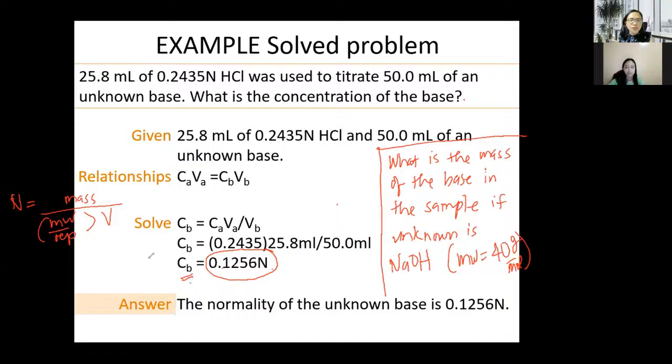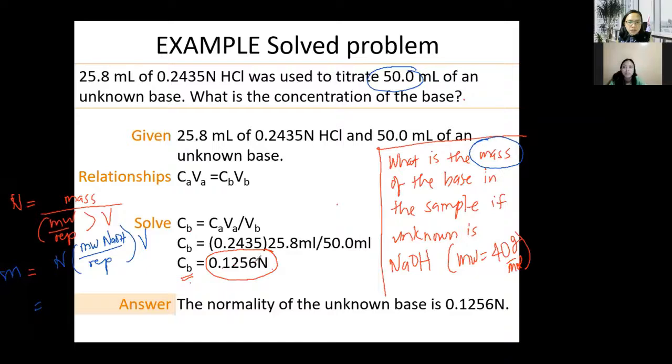This is for your base, di ba? Okay. So, ano yung hinahanap natin? Ang ating unknown is our mass. Ayan. So, if we're going to convert our formula, mass is equal to normality times molecular weight of your sodium hydroxide, replaceable ng sodium hydroxide times the volume of the base.